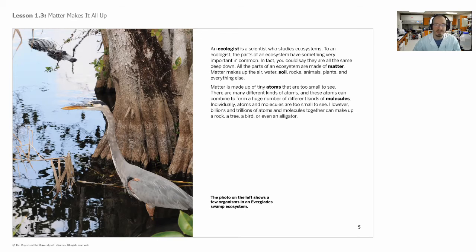So an ecologist is a scientist who studies ecosystems. To an ecologist, parts of an ecosystem have something very important in common. In fact, you could say that they are all the same deep down. All parts of an ecosystem are made of matter. Matter makes up the air, water, soil, rocks, animals, plants, and everything else. Matter is made up of tiny atoms that are too small to see.